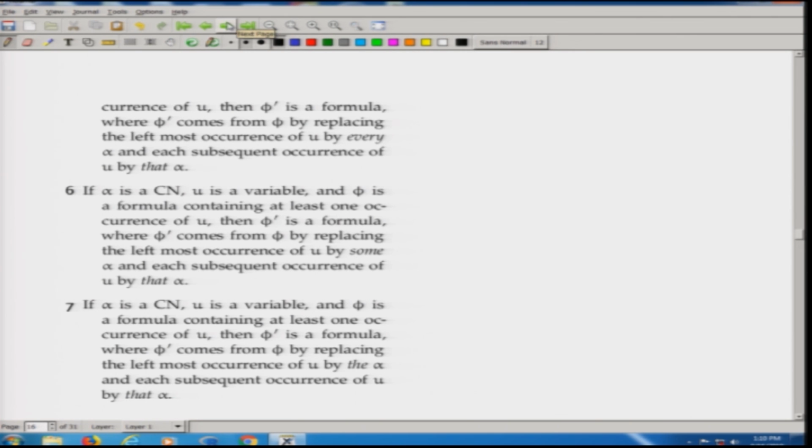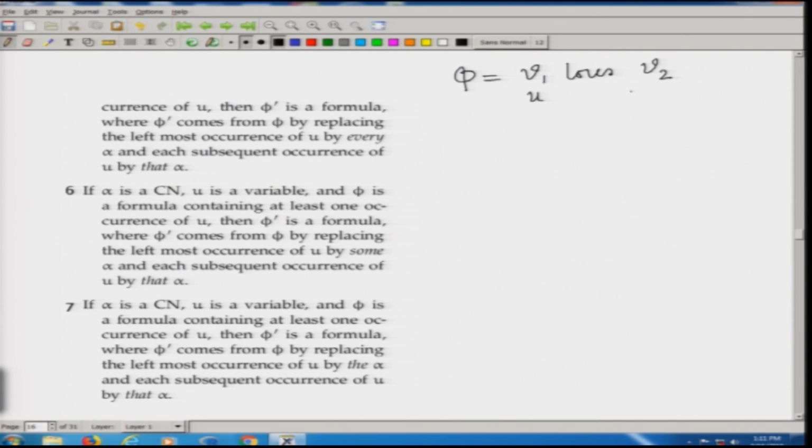It means that suppose phi is V1 loves V2. Now, what is our U? Our U here is, say, V1, and that means we are working on V1 here, and we are considering just one variable here.